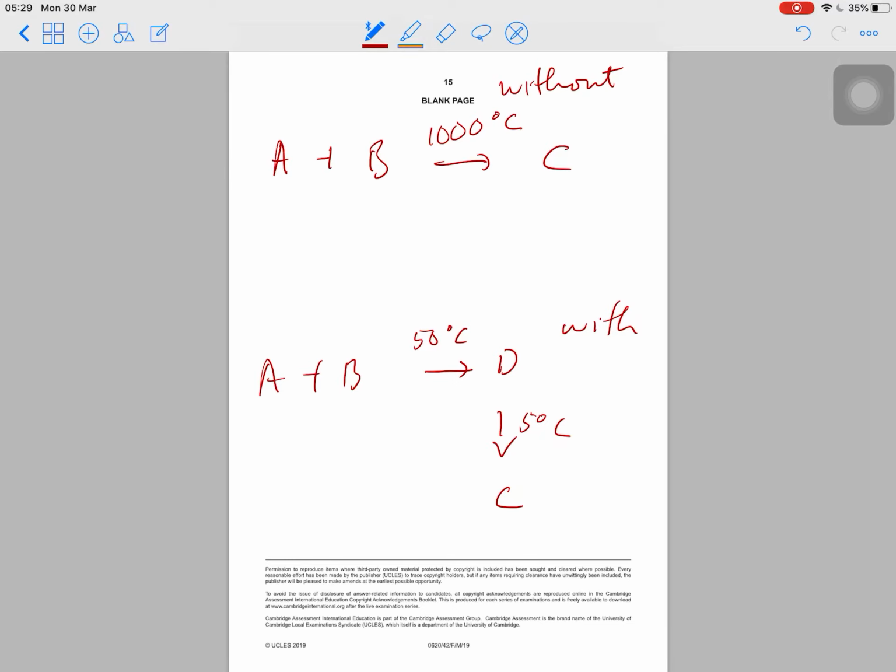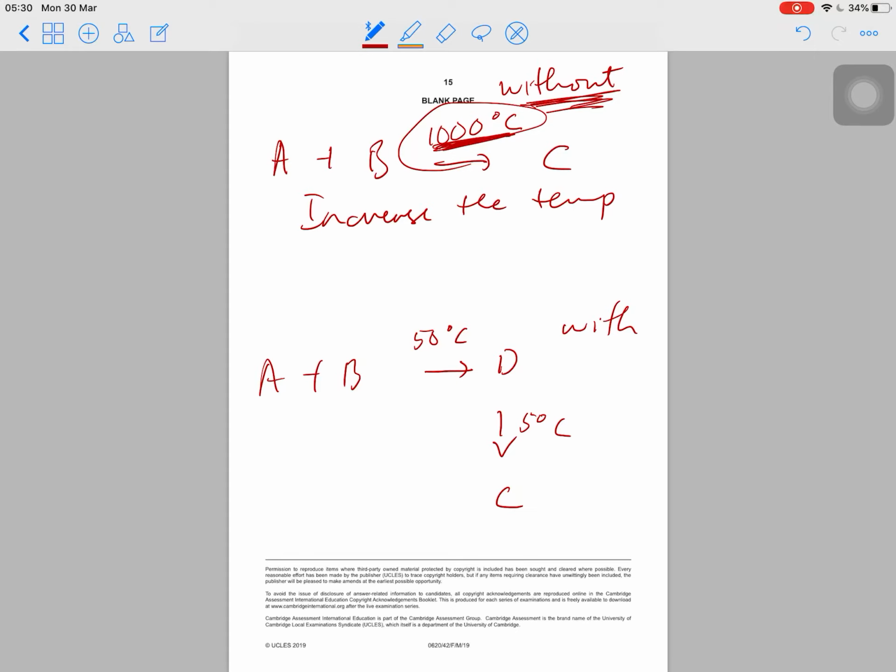So here, for them to react, you have to increase the temperature, otherwise they will never achieve 1000 degrees Celsius. So that's why this without a catalyst is not safe. Okay, 1000 degrees Celsius is very dangerous to deal with.